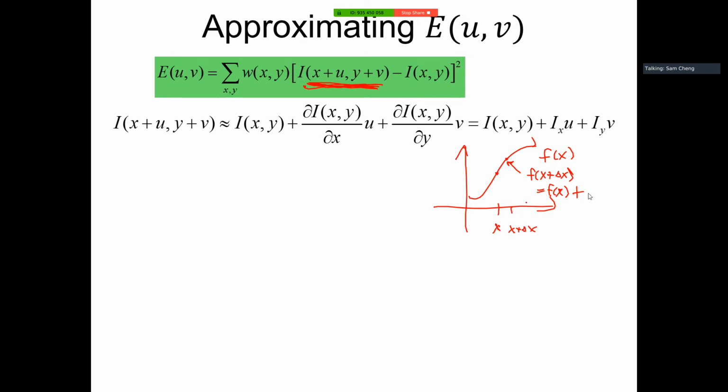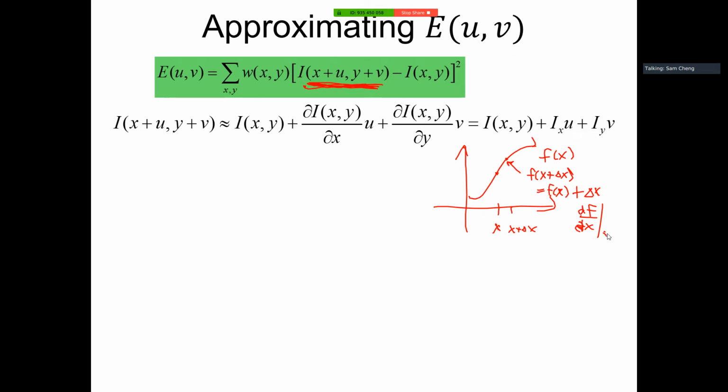So it's plus delta x multiplied by df/dx, or partial f partial x, at this value here.